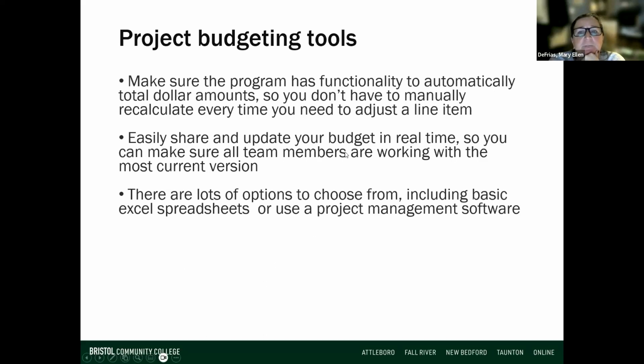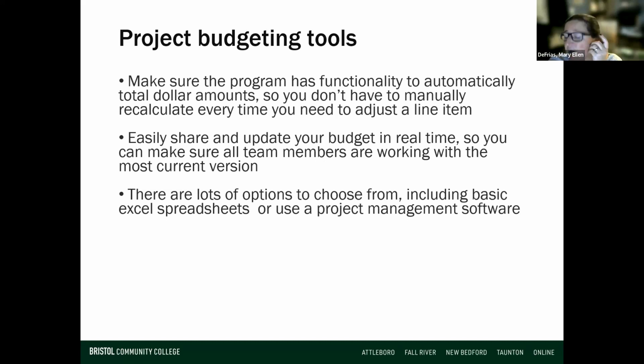Now, there are tools out there that can help you manage your budget. The very most basic one is an Excel spreadsheet, right? You put all your budget columns in and you then keep track of changes that you need to make.